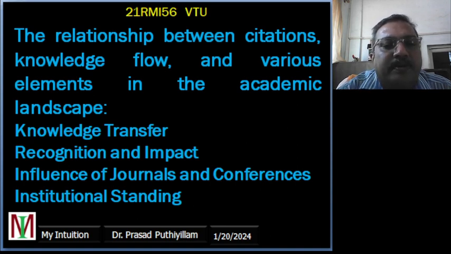So that is also one of the relationships between citation and journals and conferences. Even for conferences happening worldwide, the first preference is given to the author who has contributed more to that particular theme of the conference. So that gives the reputation. It influences the journals as well as the conferences.